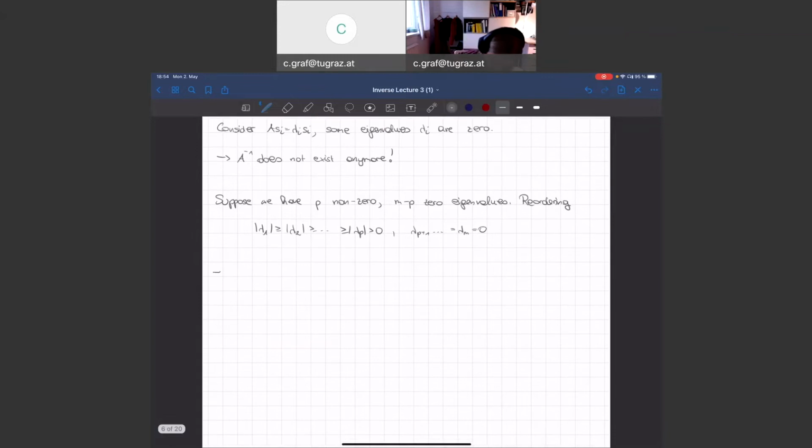What follows is that lambda, the diagonal matrix, has now lambda 1 to lambda p on the first entries of the diagonal, followed by 0. And from the 0, we have n minus p pieces.